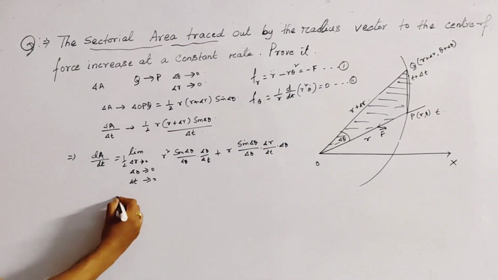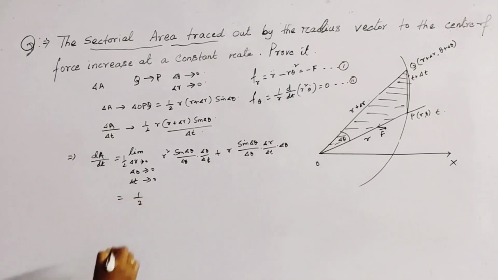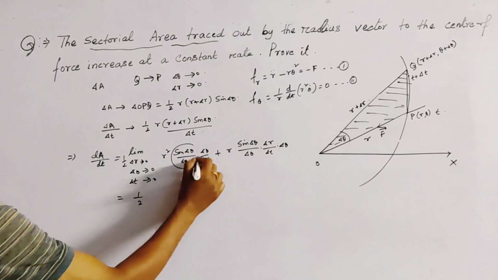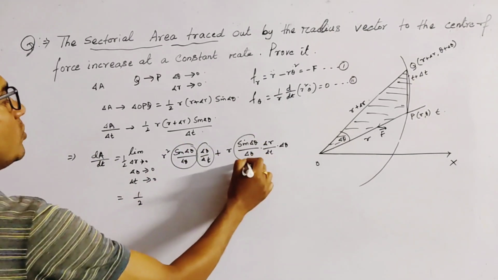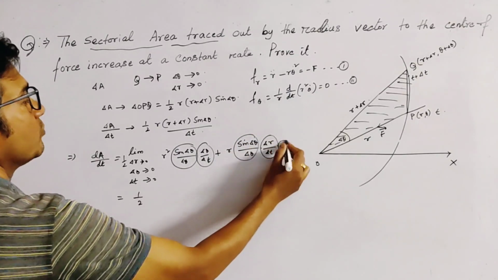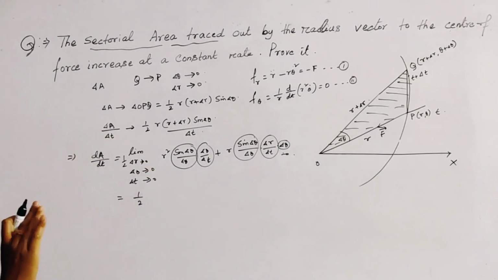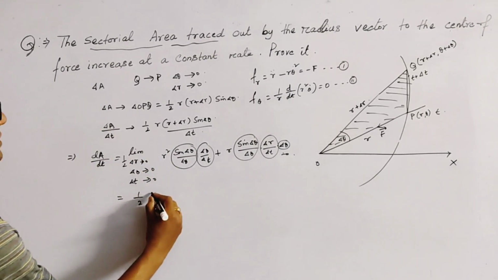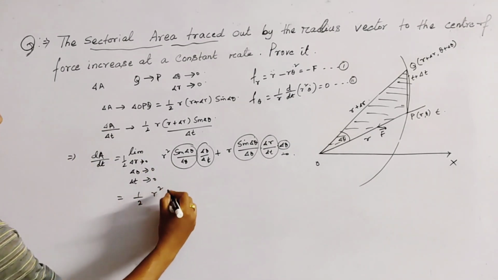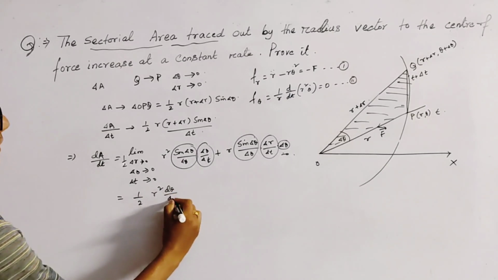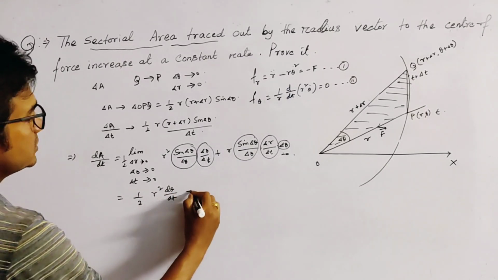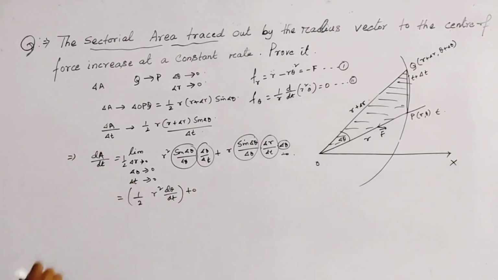So the limit is half into 1 into d theta by dt, and 1 into dr by dt, and this second term is 0 because delta theta tends to 0. So the limit is half r square d theta by dt, because the second term is 0.